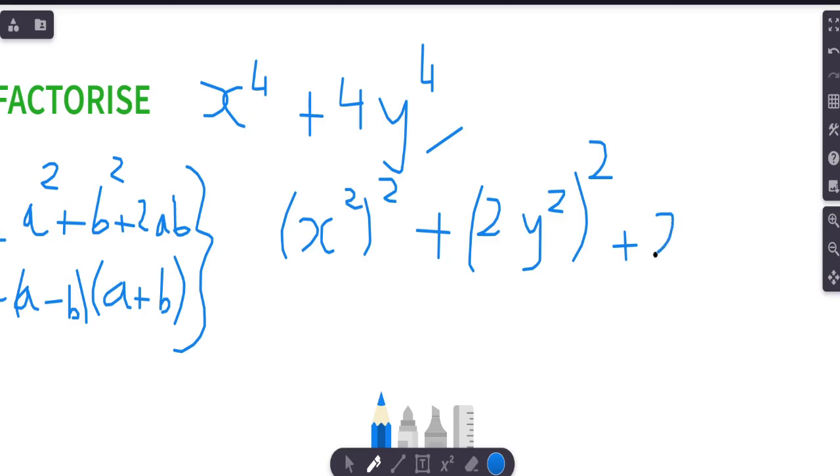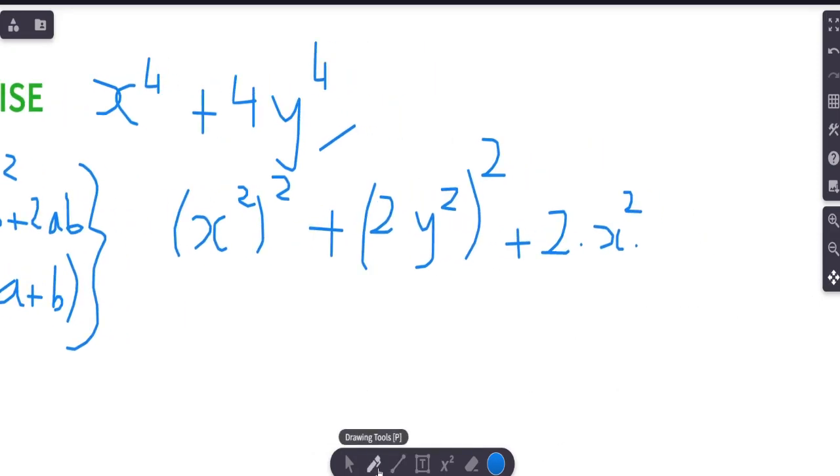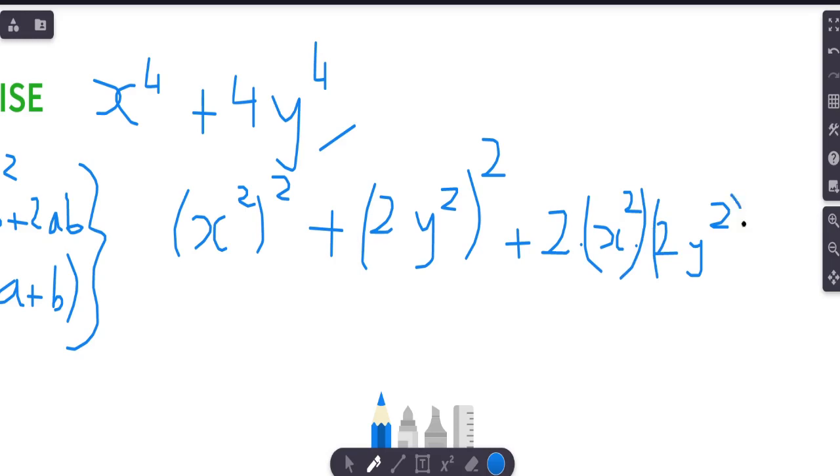Okay, so x squared squared plus 2 multiplied by x squared multiplied by 2 multiplied by y squared. Okay. So that is 2 times a times b.